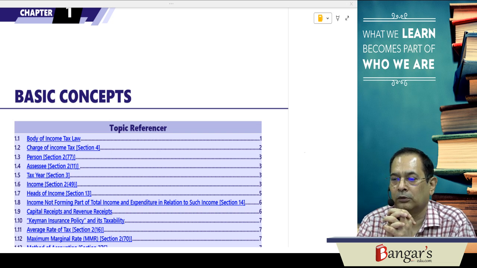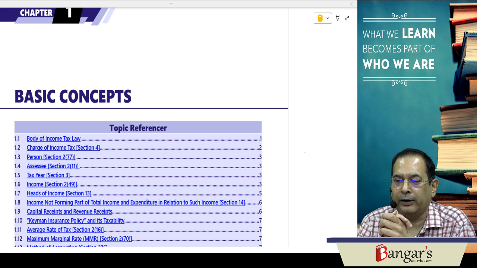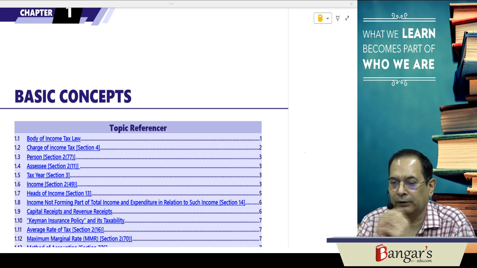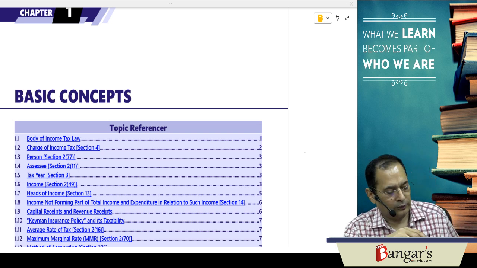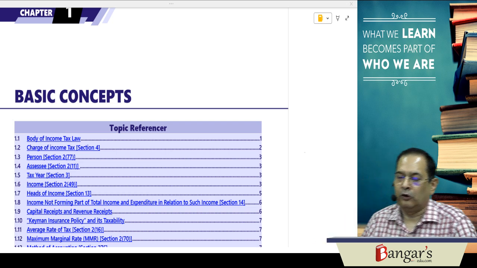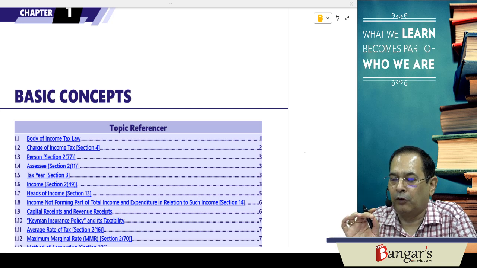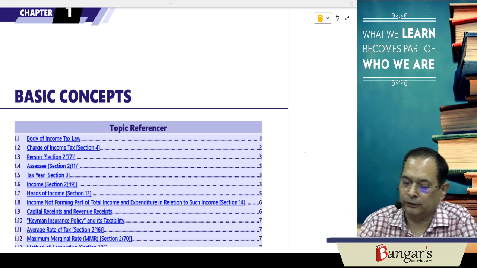now the Income Tax Act has been revised. Earlier, Income Tax Act 1961 was applicable, but now the Income Tax Act 2025 would be applicable for the students who will be writing their examination in May 27 and onwards.